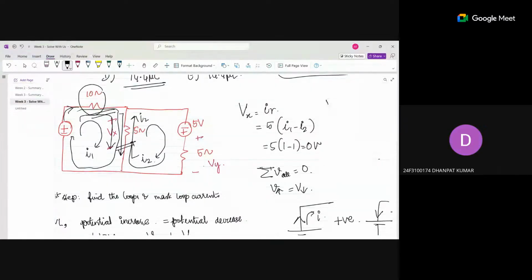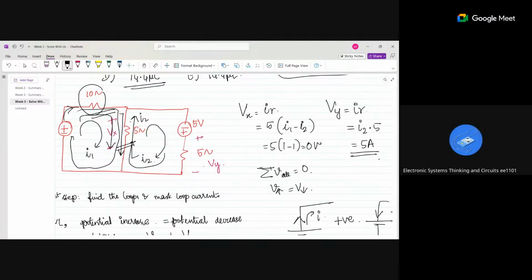Ma'am, I have a question. The current cancels out, but why did you take I1 minus I2? I took I1 minus I2 with reference to current I1.